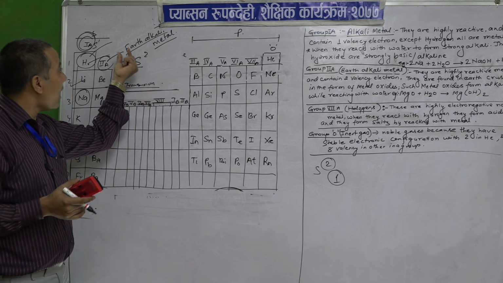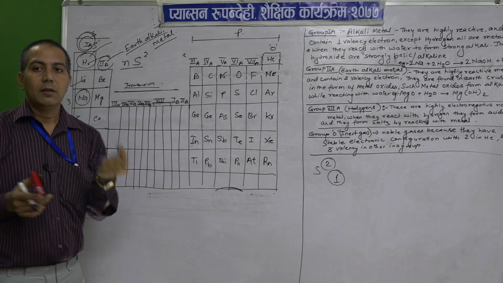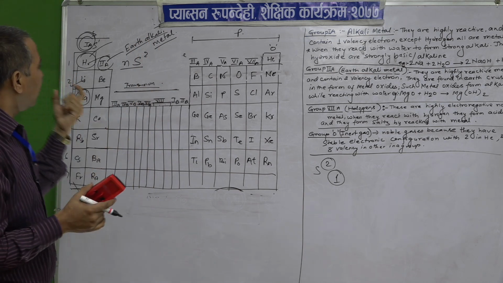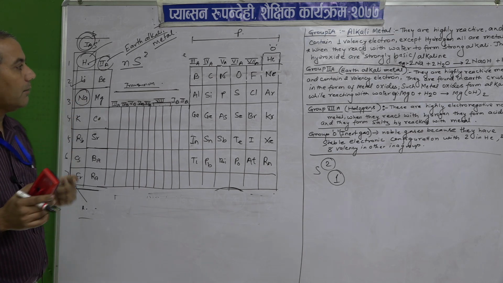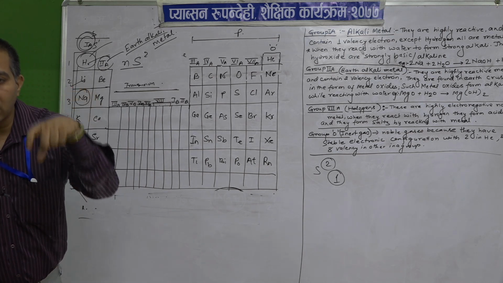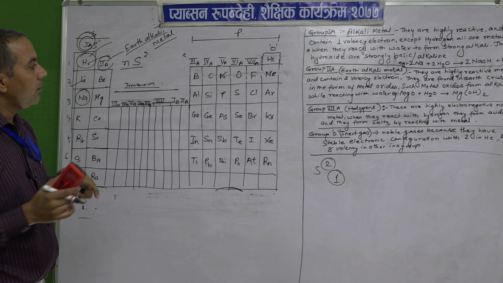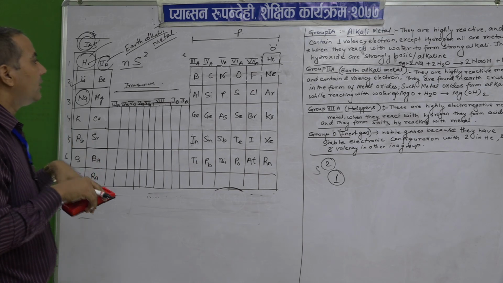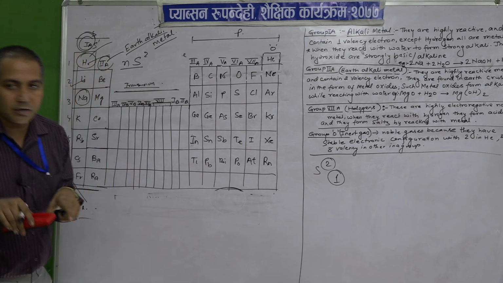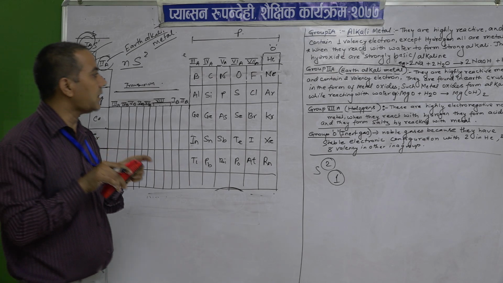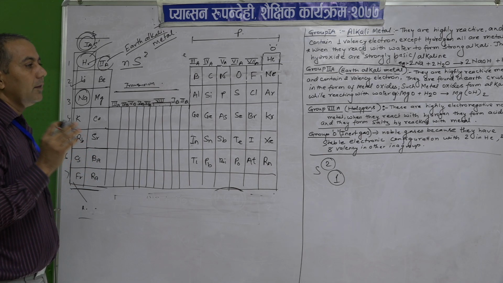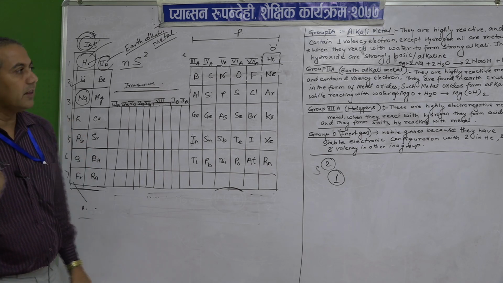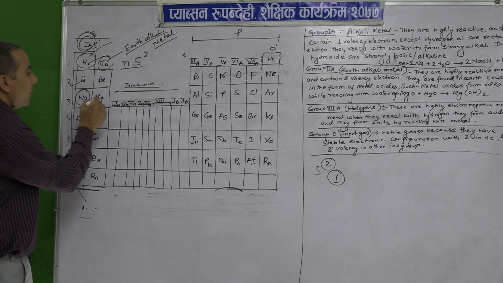It is alkaline earth metal because this group, barium, magnesium, calcium, radium, these are found in the earth's crust. They are found under the earth, in the crust, in the form of metallic oxide.